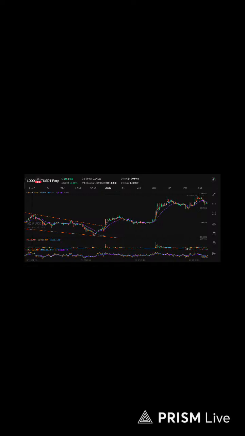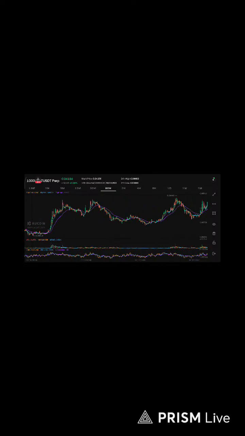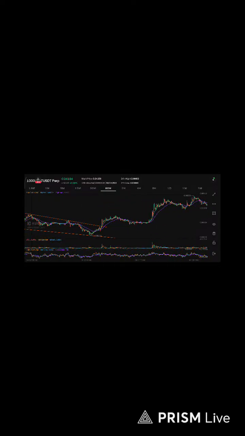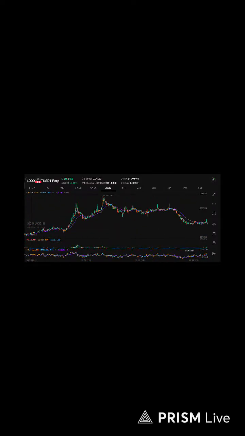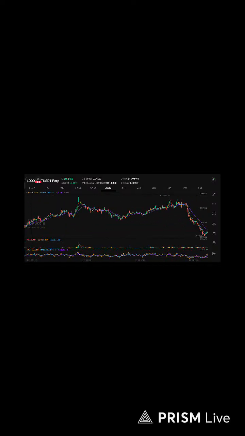It came back and the price moved from 0.05 to 0.08. So that is the same thing that's about to happen, and you see this pattern, it's mostly found here.